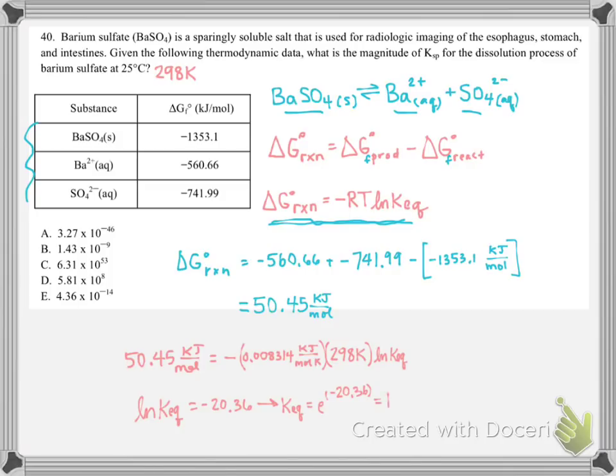Which is equal to 1.43 times 10 to the negative 9th for our KSP. Let's answer choice B then. And that K makes sense. It's really small, which would correspond well to a non-spontaneous reaction because it's not products favored.